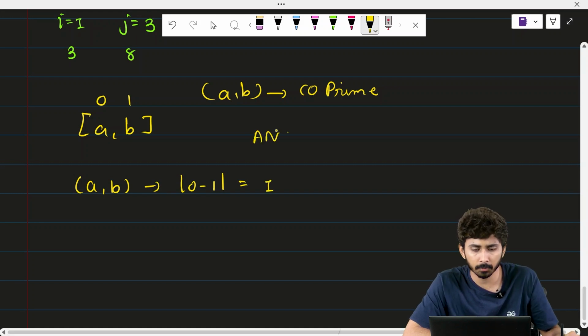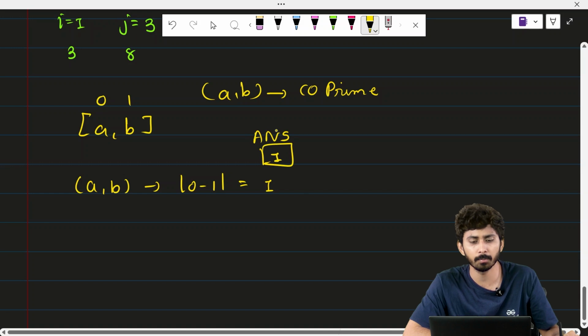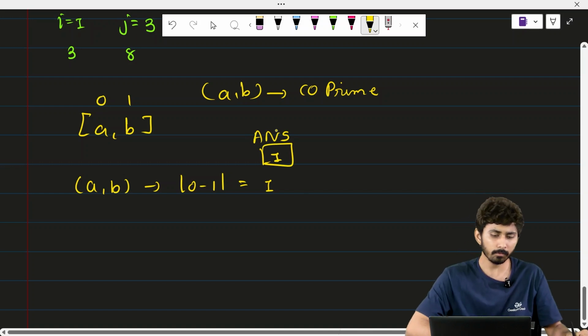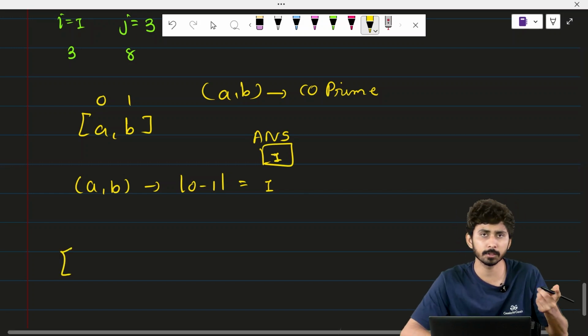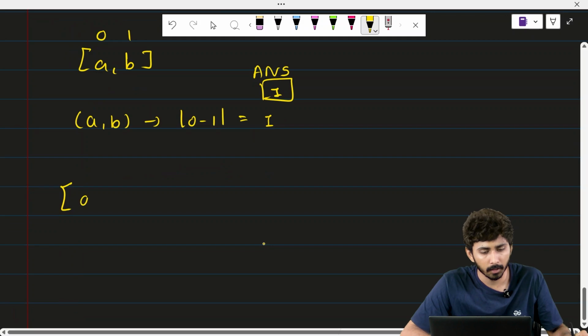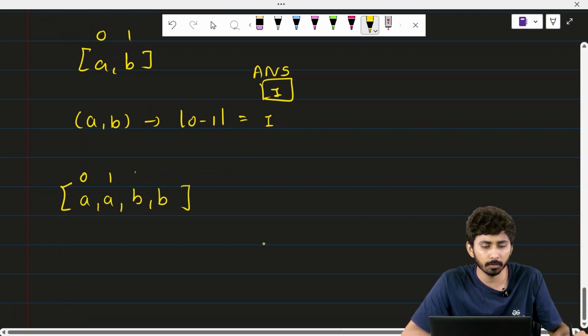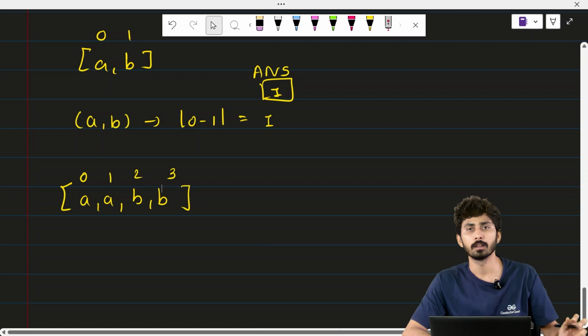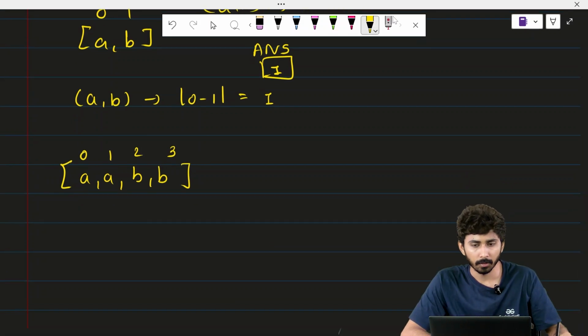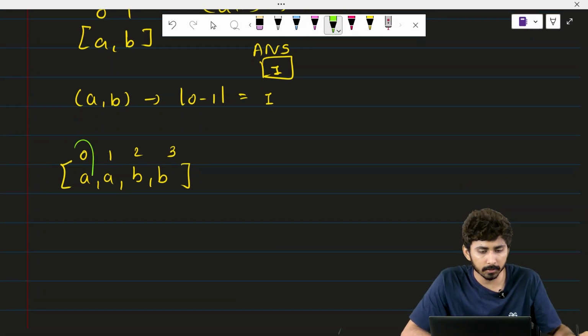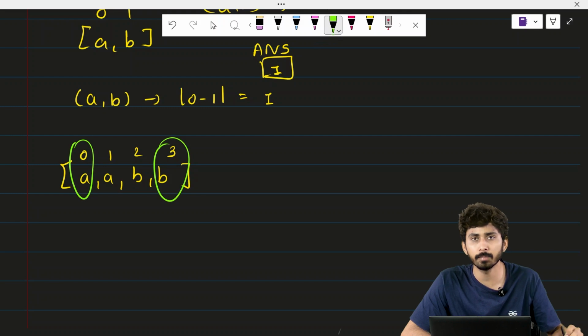And if my answer was initially equivalent to minus 1, then I will be updating the answer to 1. Now if I increase the appearances of A and B, what will happen? If I include AA and BB over here, now I want to see what is the maximum answer. We saw that the smallest index of A and the largest index of B is required.